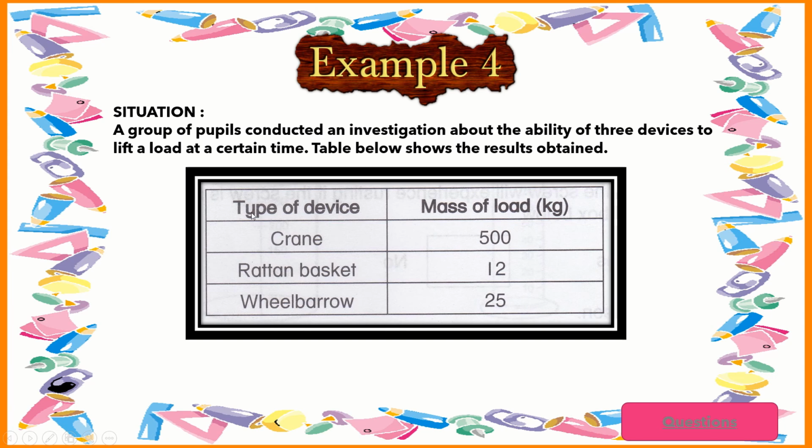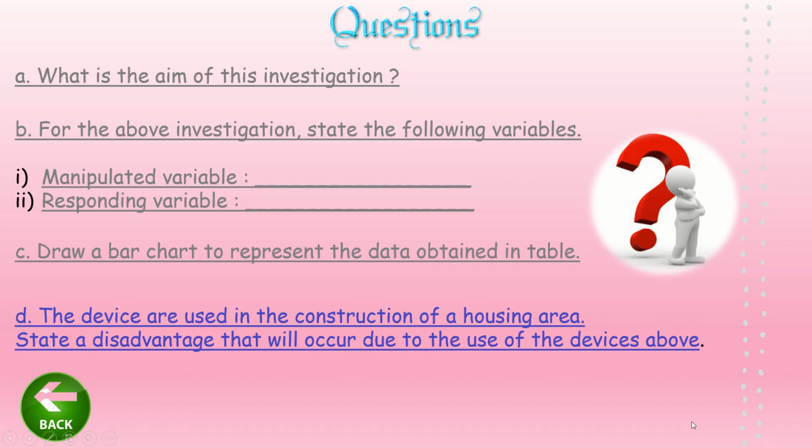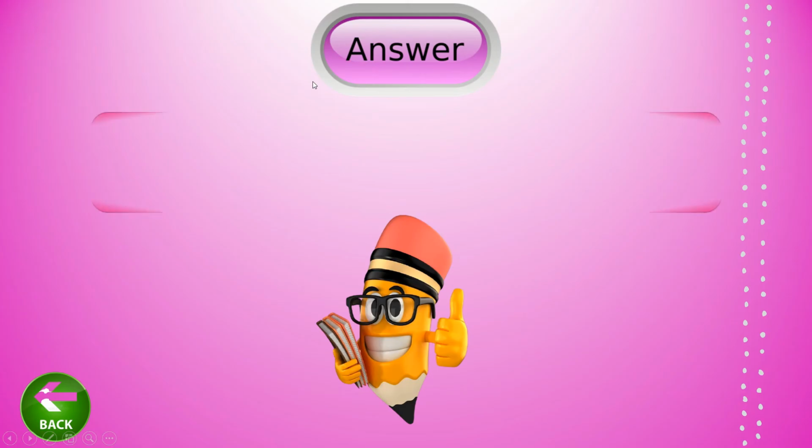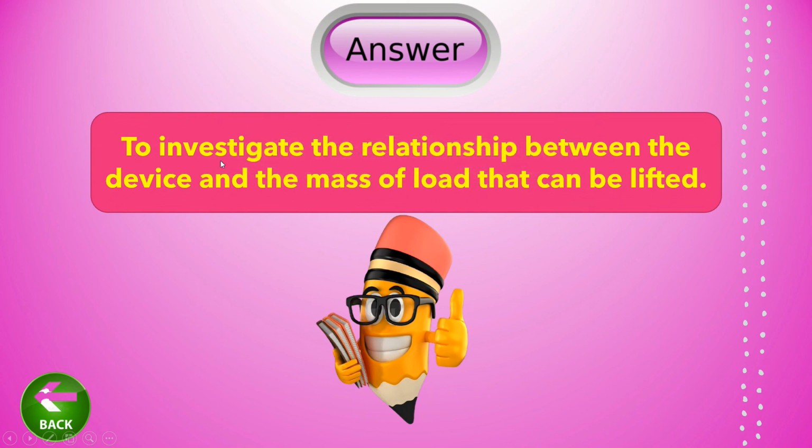So, the manipulated variable is type of device and the responding variable is mass of load. Let's look at the answer. To investigate the relationship between the device and the mass of load that can be lifted.